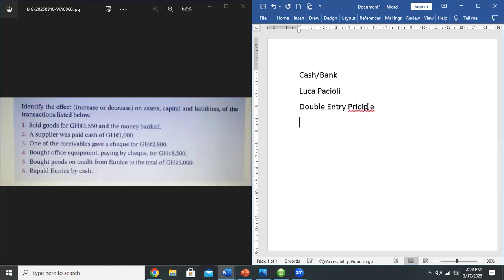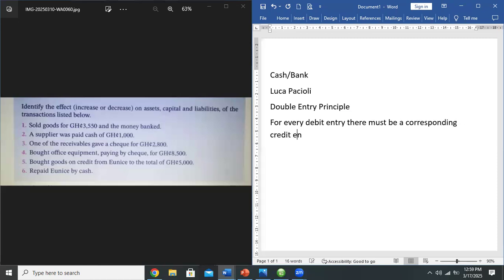Now let's get this principle in perspective. The principle states that for every debit entry, there must be a corresponding credit entry, and for every credit entry, there must be a corresponding debit entry.